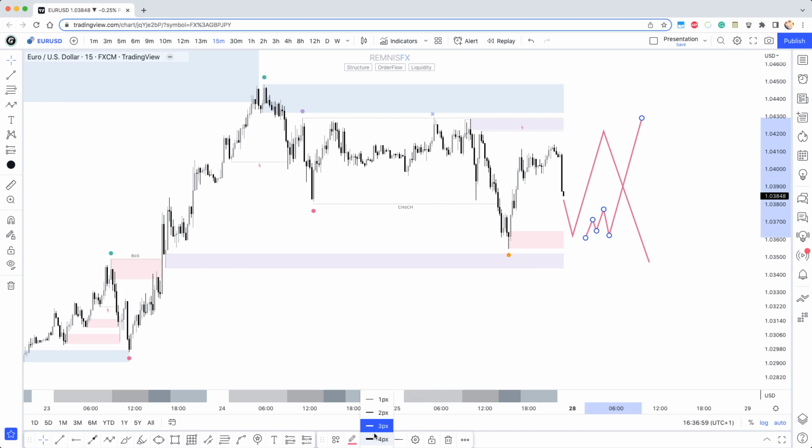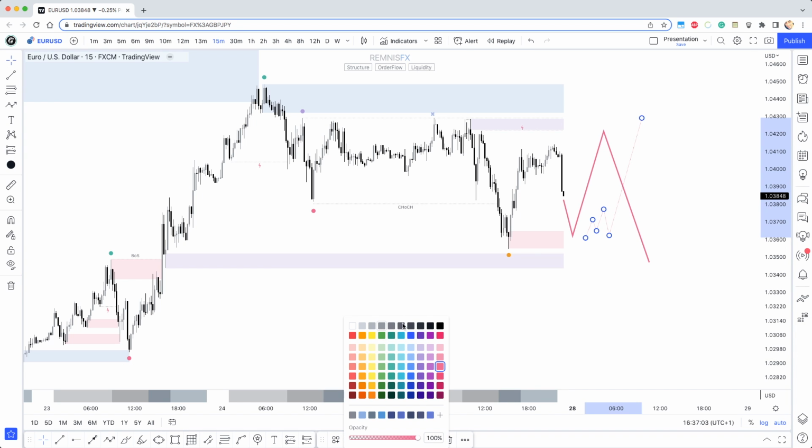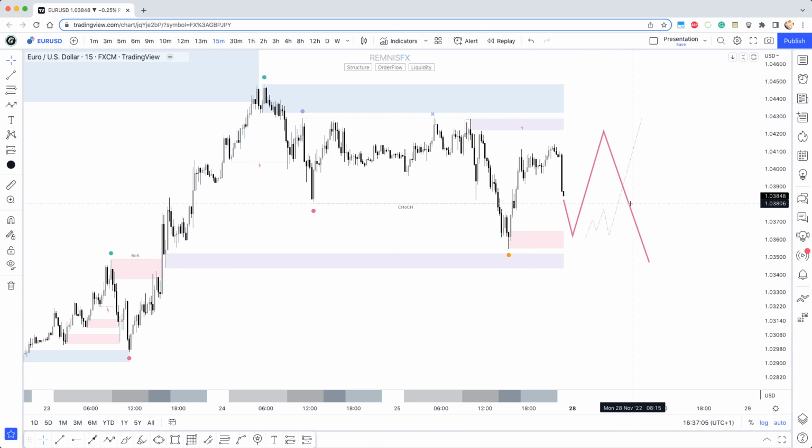Now let's make this one a bit smaller, let's make it also a dot, and let's even give it a different color. Okay, so this would be your major move, right? But within this major move, you could look for this gray dotted line, internal move.